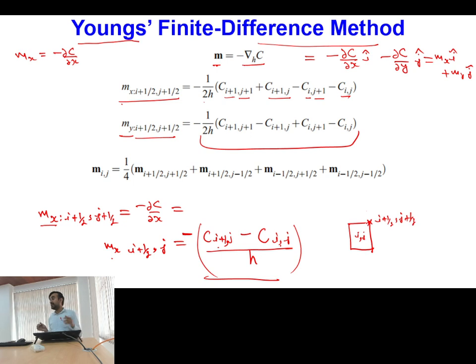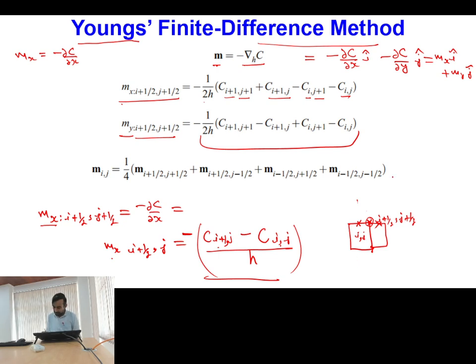Now at this, I need to calculate in which direction? Y direction. So to know in the y direction, I will first calculate at this face and then I will calculate at this face in the y direction. And the average of these face centered values will be my corner value at y. So at this particular face my value will become, now it is del c by del y.